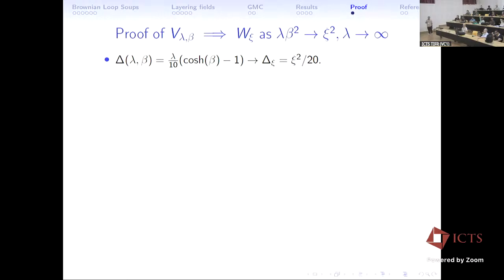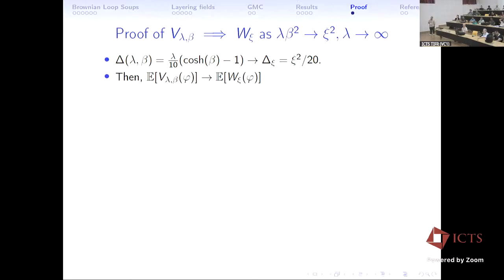Okay, maybe I'll present the proof a little bit. Just the way the exponents were chosen, delta lambda beta converges to this delta psi. That is how the deltas were chosen.